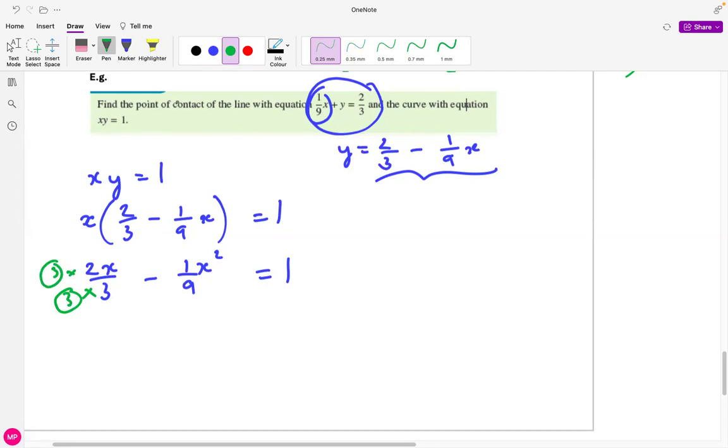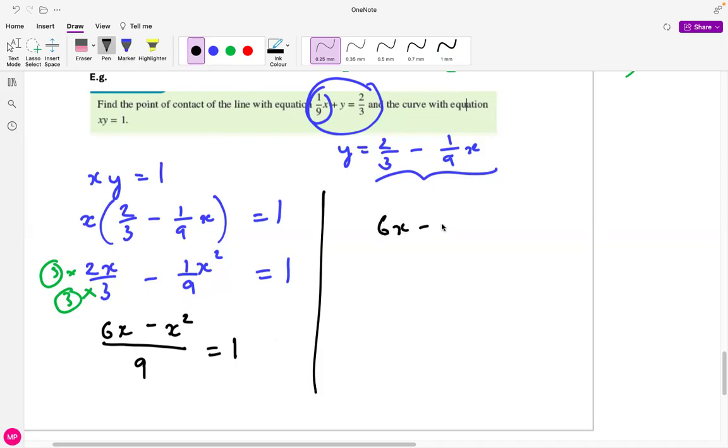We get 6x minus x squared over 3 times 3, 9, equals 1. Then to get rid of the 9, we multiply the 9 over to get rid of the fraction. So we get 6x minus x squared equals 9, like that.